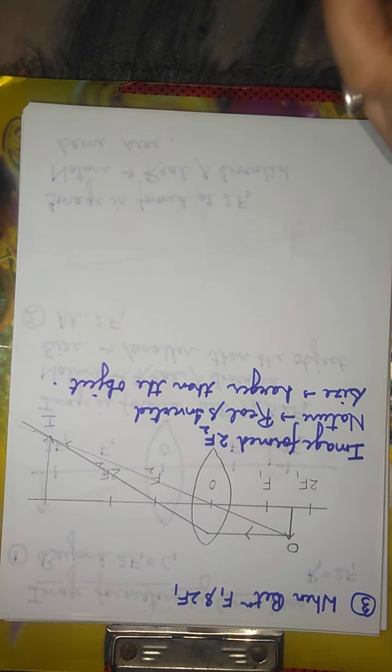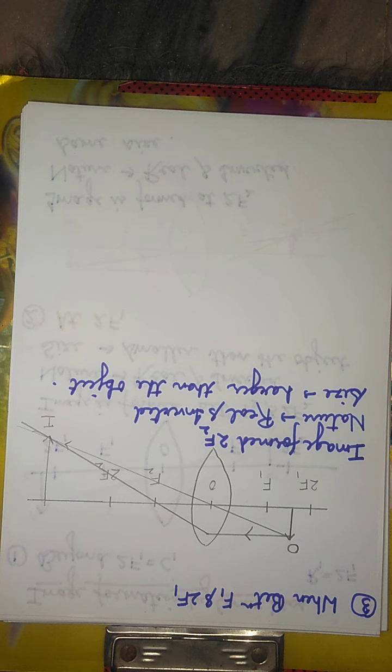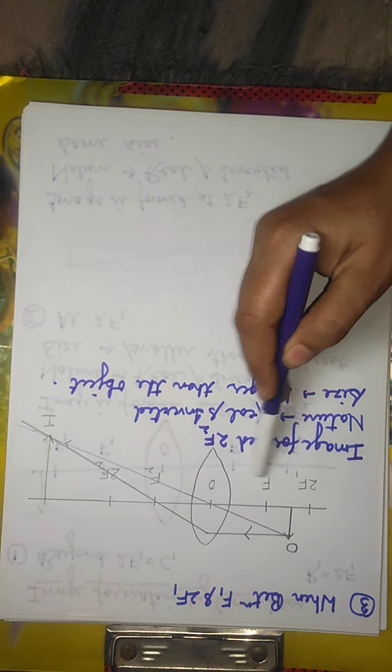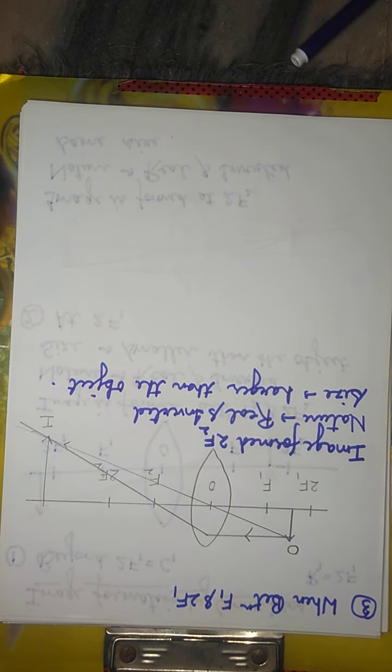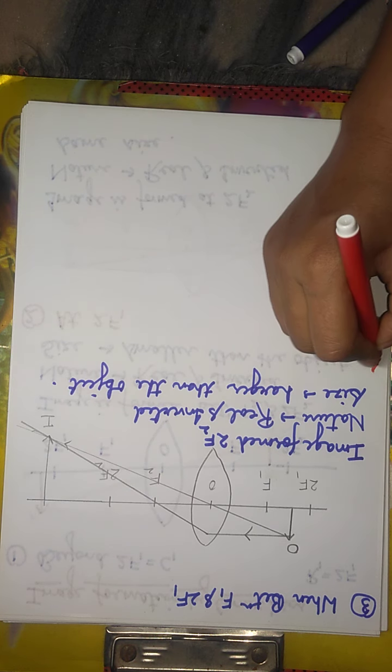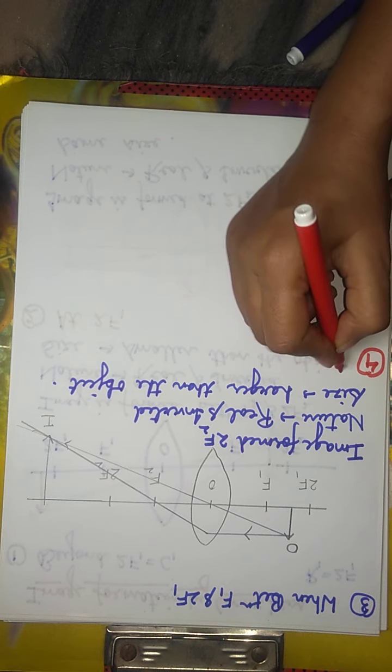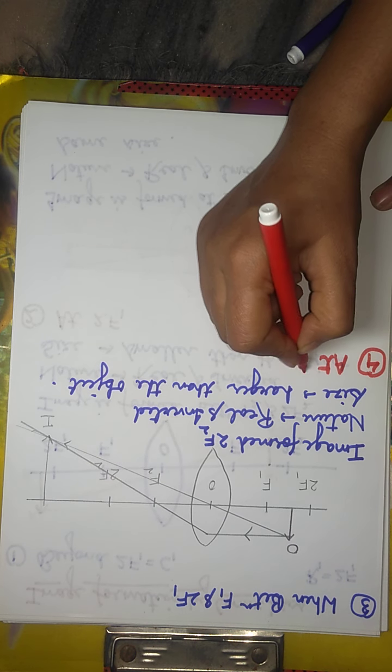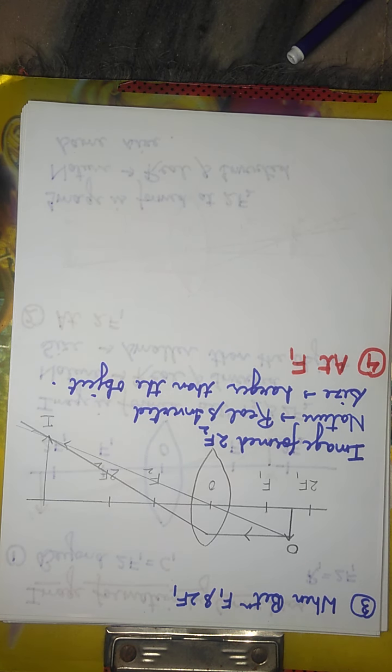So now we have to place the object at point F1. Now we have to place the object at the focus. The object is placed at focus F1. Clear?